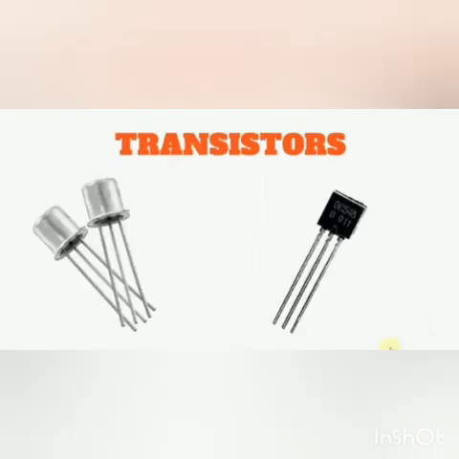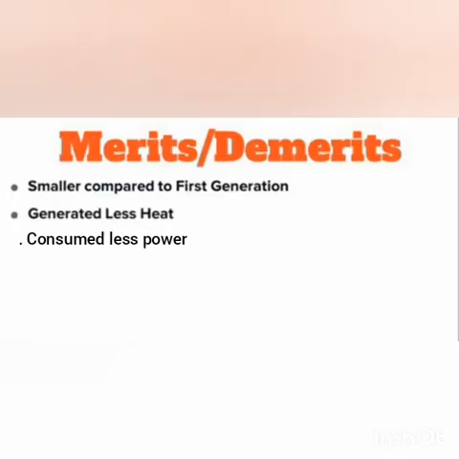The three points will be common for the upcoming generations: smaller compared to the first generation, generated less heat, and consumed less power. So when compared to the first generation, the computer used in this generation is smaller, generated less heat, and consumed less power. All these three points are common in the upcoming generations.